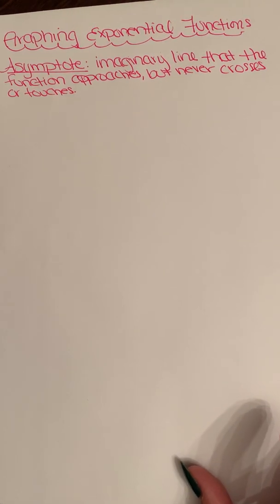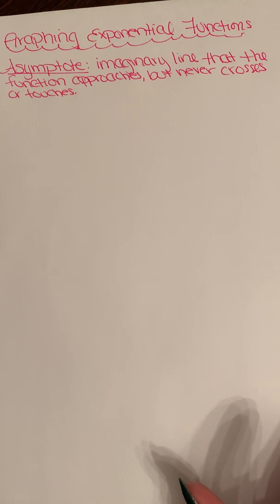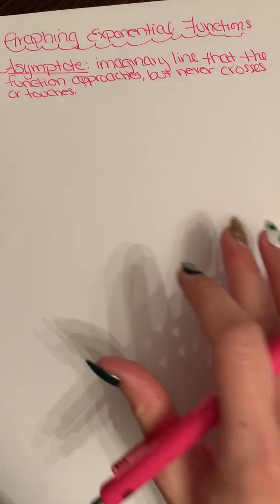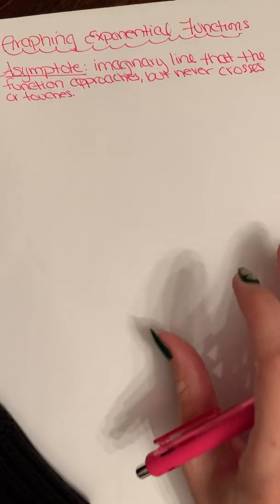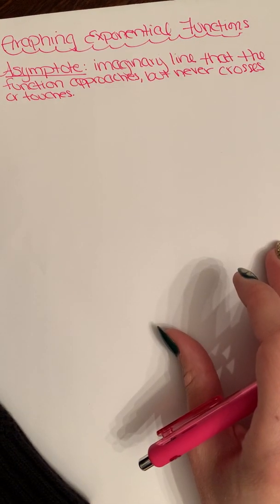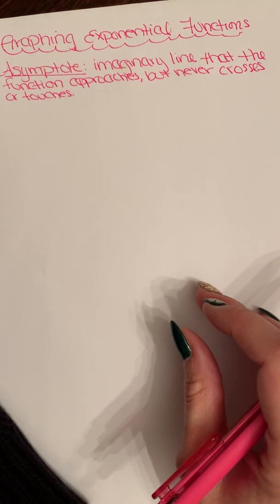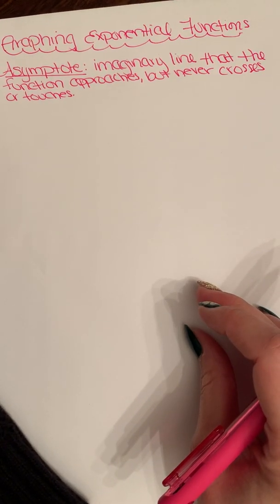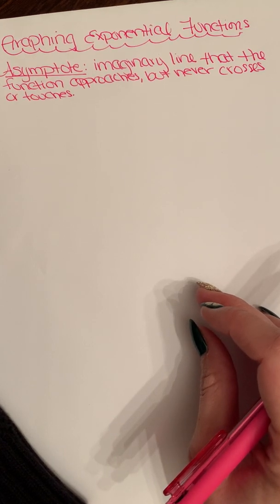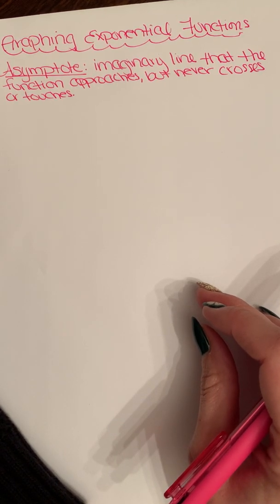About 4 years ago, I think it was my first year here when I was teaching in Bristol Warren, a student raised his hand and I thought he had something really profound to add to the class. I called on him and he said, so Mrs. Greenway, an asymptote is like the friend zone of functions. And I was like, okay.